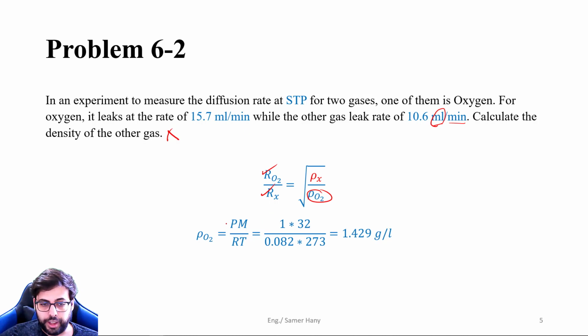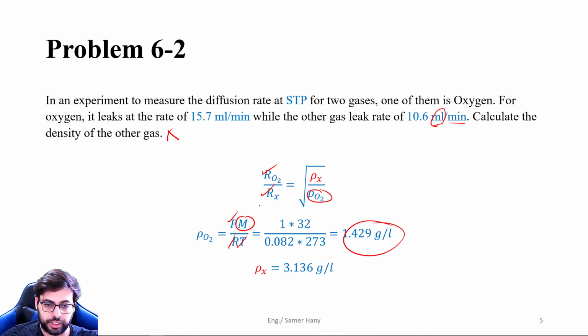We have the pressure, R is of course constant, and the temperature at STP, and the molecular weight of oxygen is just 32. We can calculate the density of oxygen, and then from the above rule we can calculate the density of the other gas. And of course this needs to be bigger than the density of oxygen, since it's much slower in diffusion with respect to the oxygen.